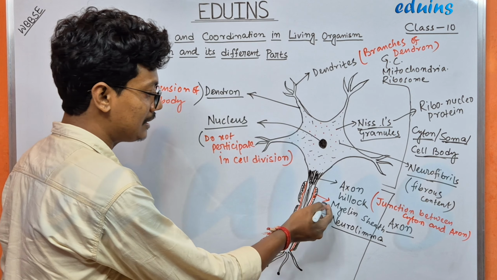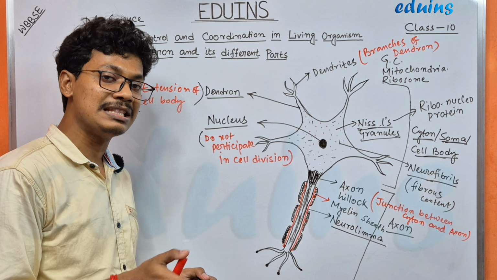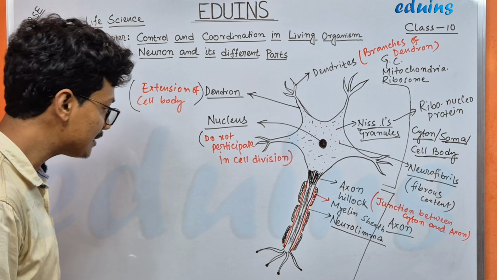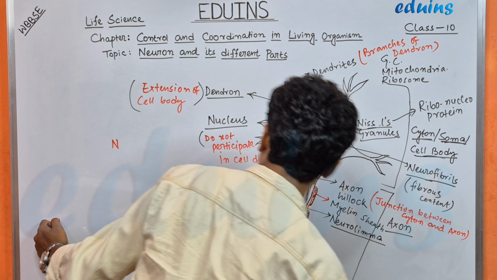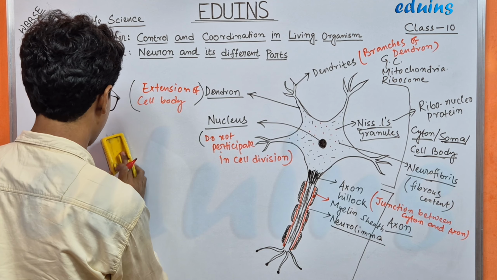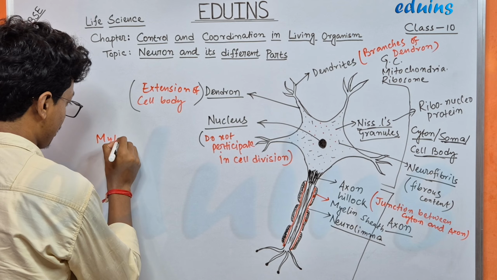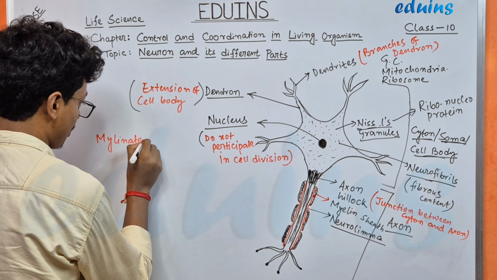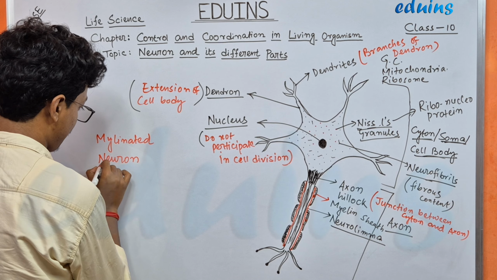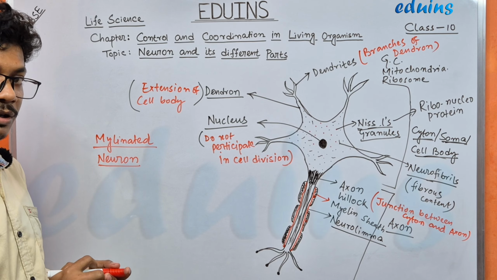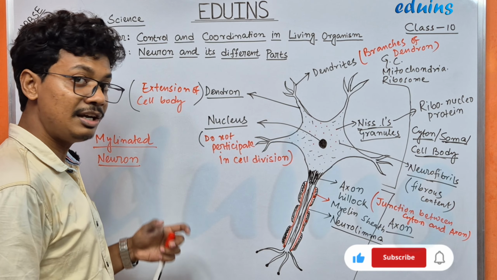This part is called myelin sheath, and a neuron containing myelin sheath is known as a myelinated neuron.